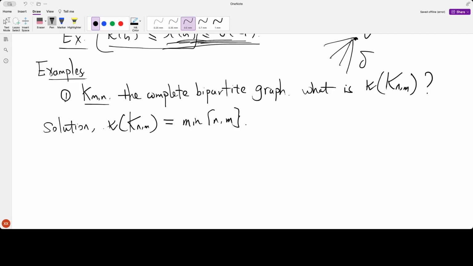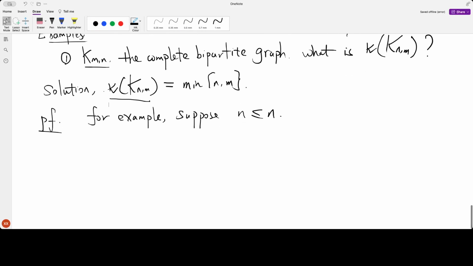Okay, but you have to prove this. So for example, say n is smaller or equal than m. So I want to prove that kappa of this complete bipartite graph K_{n,m} is equal to n.